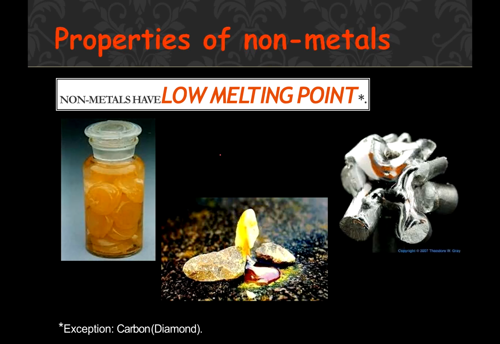The majority of them occur as gases, one is a liquid, and a few are solids. So they have a very low melting point. So we can't use them industrially where resistance to high temperature is required, except the diamond form of carbon, which can resist a very high temperature.